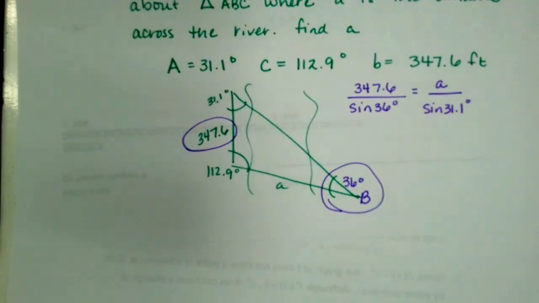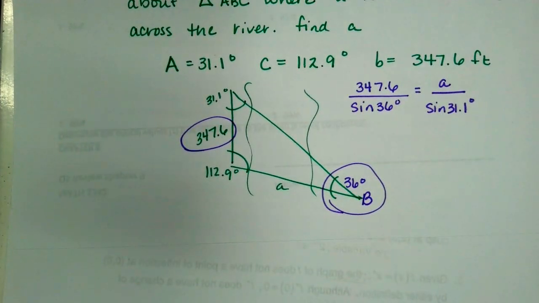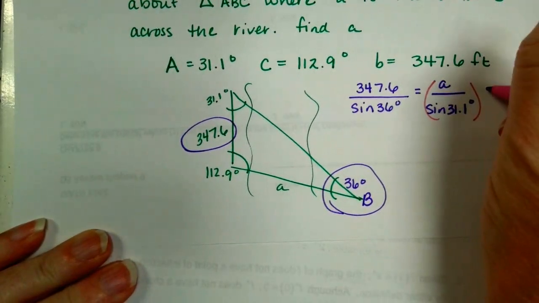And on this particular problem, they didn't ask me to solve the triangle. All they asked me for was side A. So when I finish this, I'm done with this. So I'm just going to multiply both sides by sine 31.1.